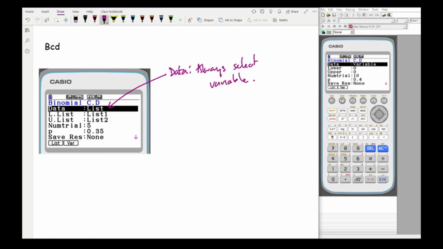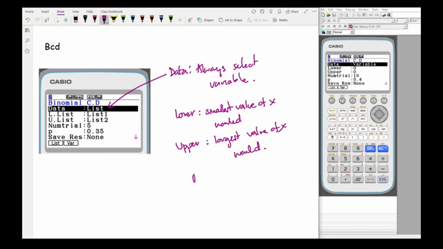Now once you've got that, what we then want to do is work with certain values. The lower is basically your smallest value of x wanted, and your upper is going to be your largest value of x wanted, and then you've got num trial, which is n, and your p, which is the probability of a success.